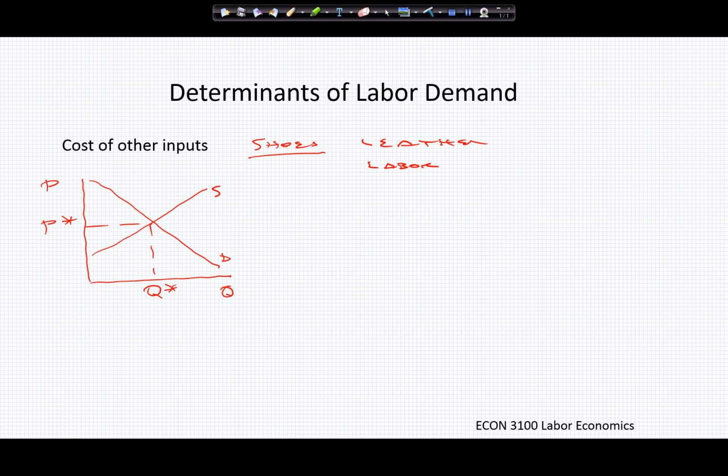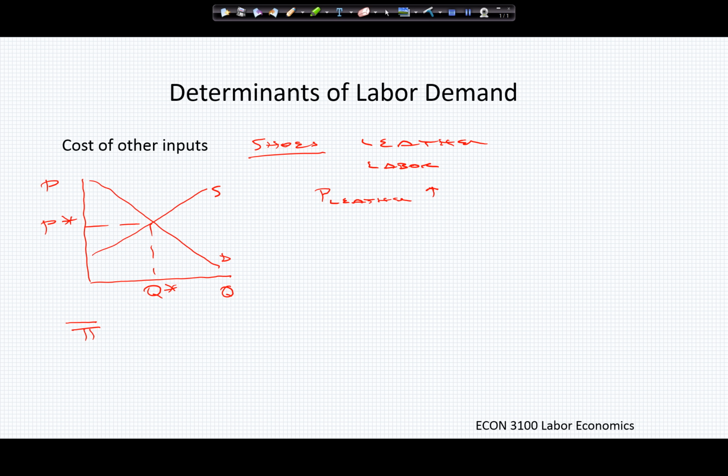And let's assume that the profit margin is constant. So it's fixed. Let's also assume then that the price of leather rises.